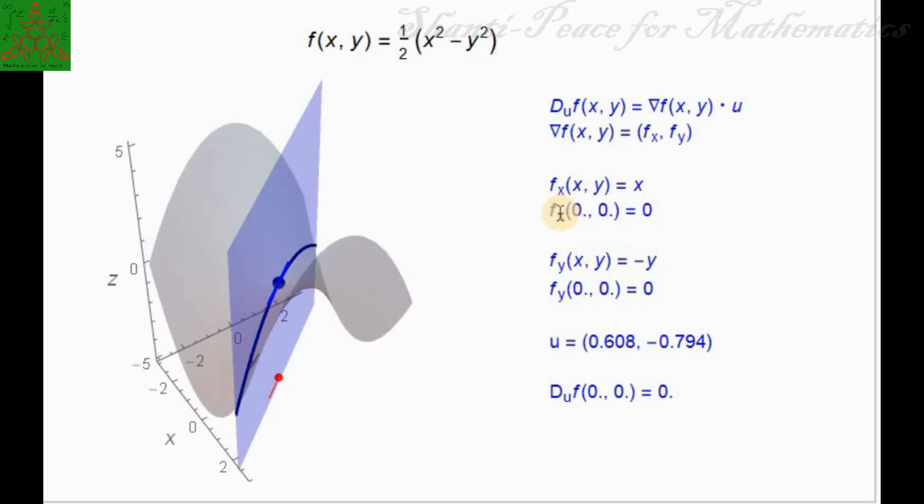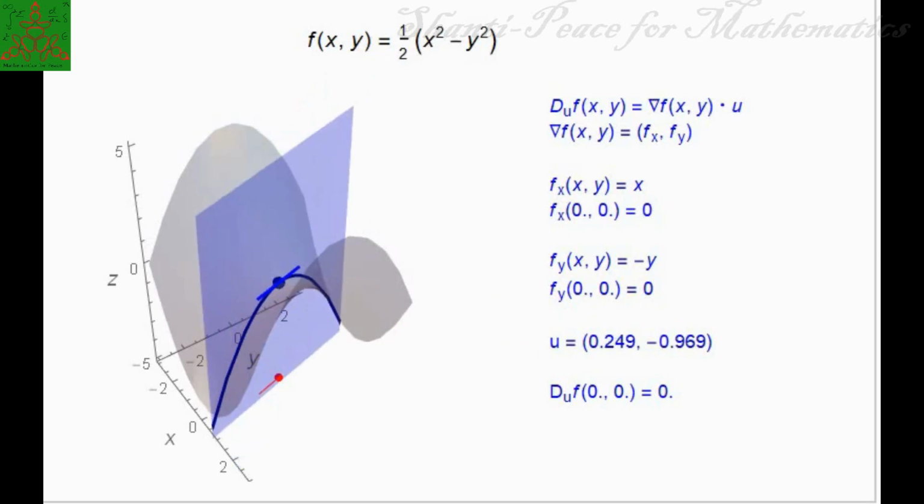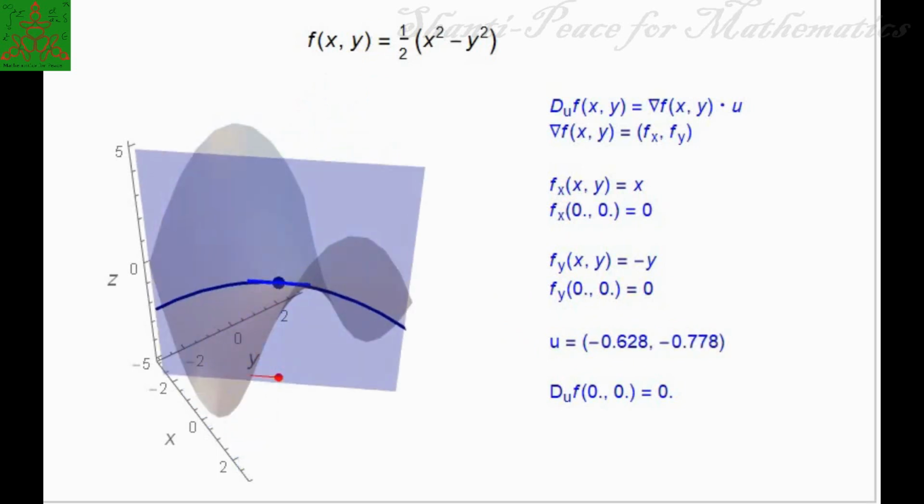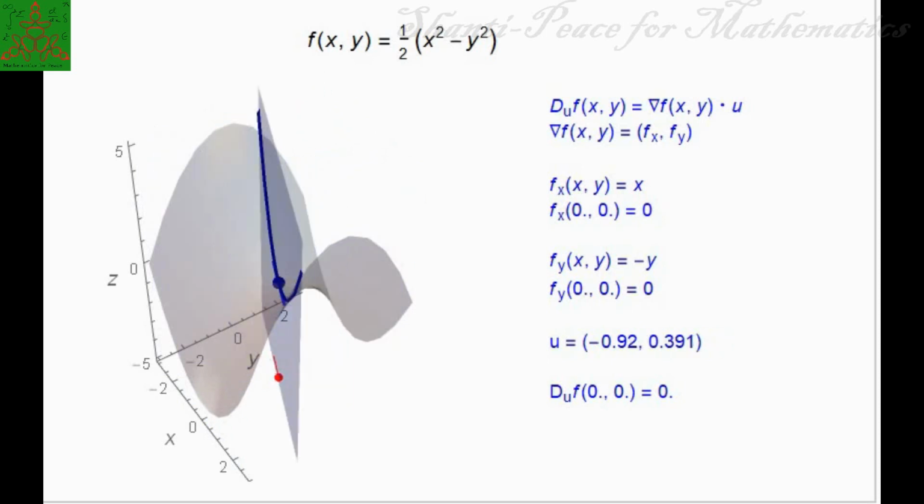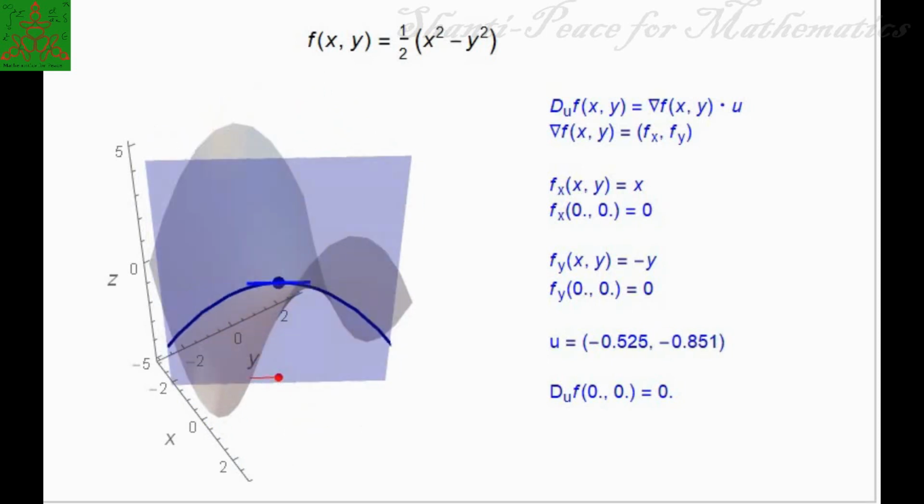This also shows the partial derivatives, that is, the slope of the surface in the direction of the x axis and the y axis, f_x and f_y, and this is the vector u in which direction the curve is right now. If I change this u, you can see that the directional derivative also changes.